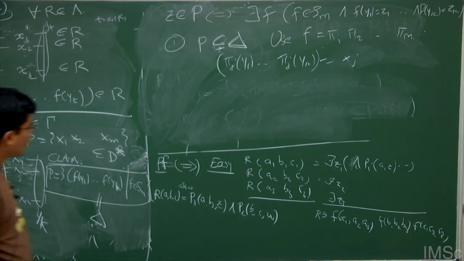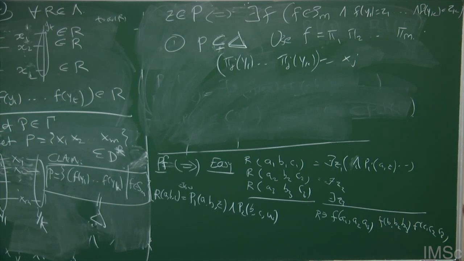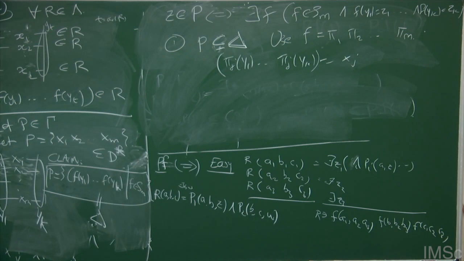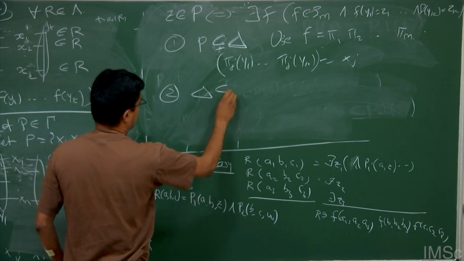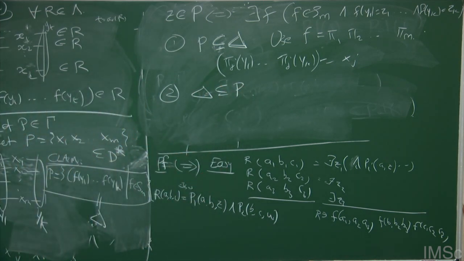And you might be puzzled, because so far I never used the hypothesis that polymorphism of lambda is contained in polymorphism of gamma. So I have to use it somewhere. So far everything I said was generic: this PP defining this long code is generic, and this part is also true. Now part 2: delta is a subset of P. What do I need for that?